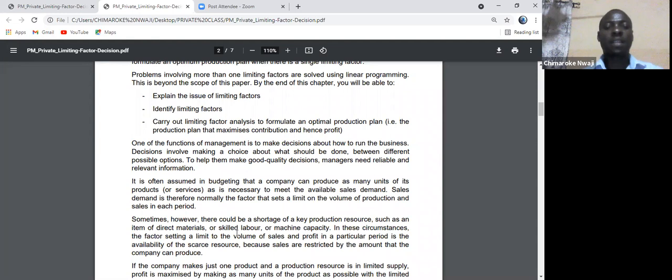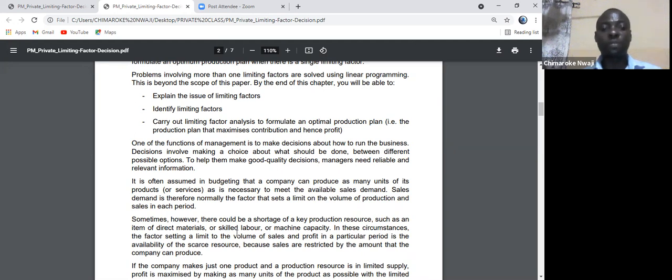Hence, there could be a shortage of key production resources, such as an item of direct materials, or skilled labor, or machine capacity. In these circumstances, the factor setting a limit to the volume of sales and profit in a particular period is the availability of the scarce resource, because the sales is now being restricted by the amount the company can produce.